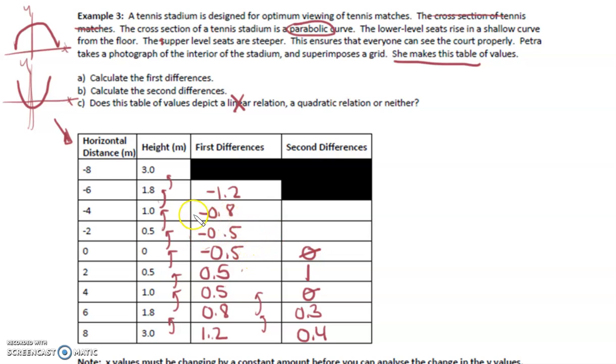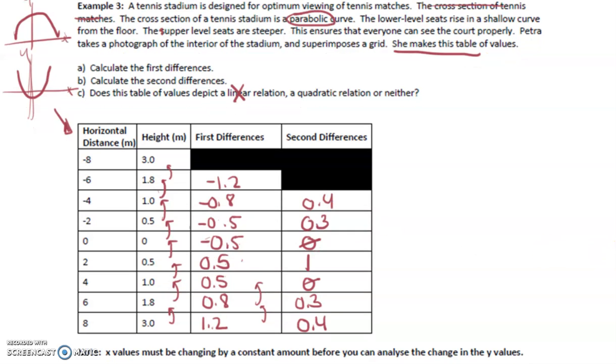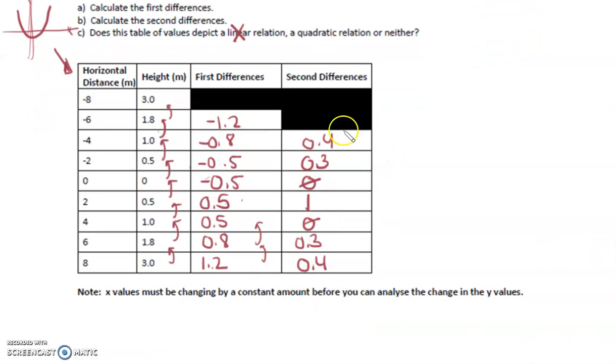Negative 0.5 minus negative 0.8, I get 0.3. And negative 0.8 minus negative 1.2, I get 0.4. Okay? So it is not quadratic either. It is neither. Therefore, neither linear or quadratic.